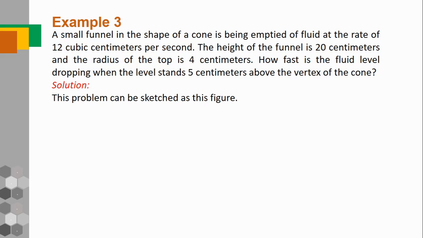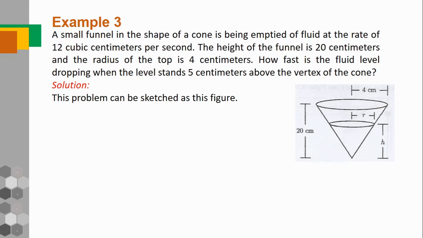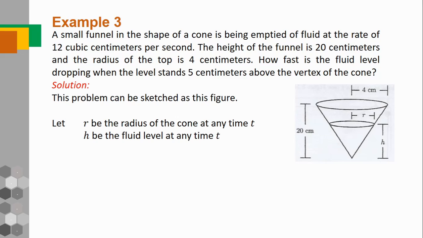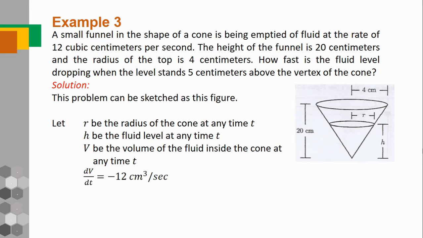And once again, let's draw a sketch of this problem, and it is shown by this figure. Let r be the radius of the cone at any time t, h be the fluid level at any time t, V be the volume of the fluid inside the cone at any time t.